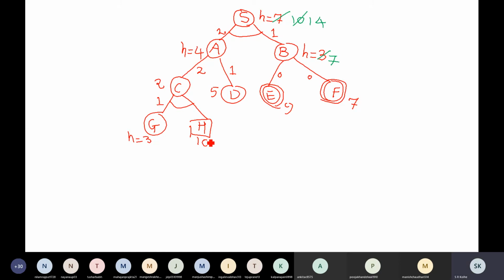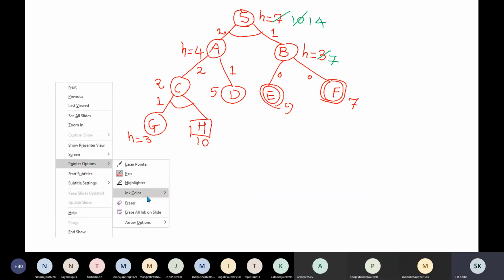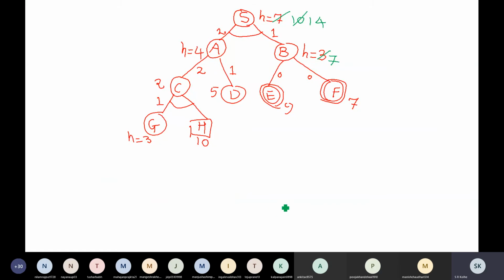The cost associated with C is 2. What will be the new cost associated with C after exploring it? 14. That cost recomputation you will have to perform first. So the cost associated with C is 14 now.